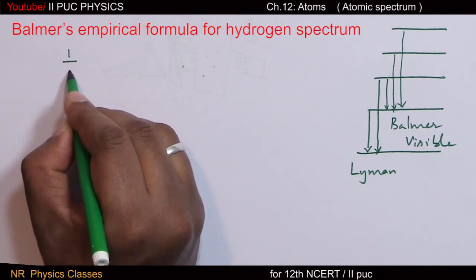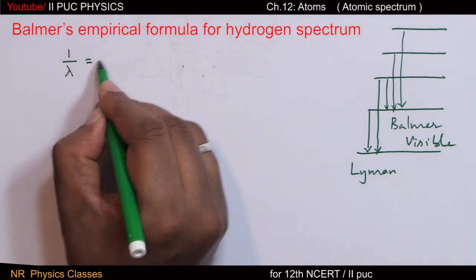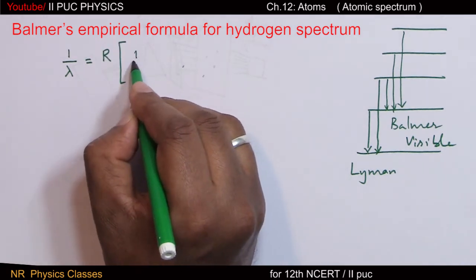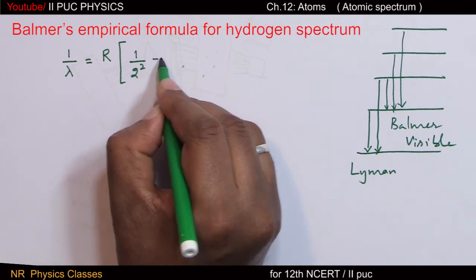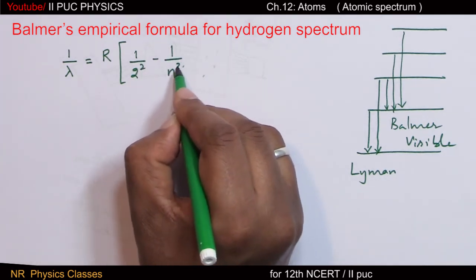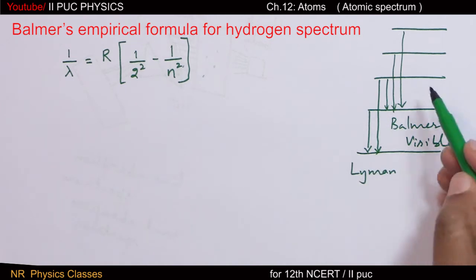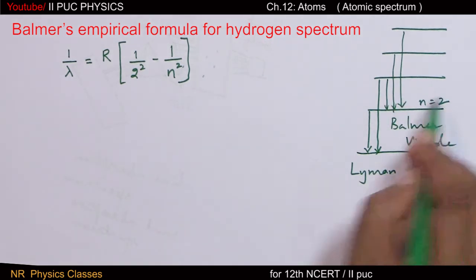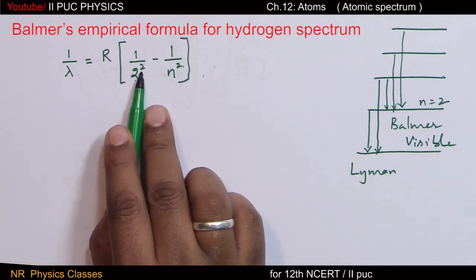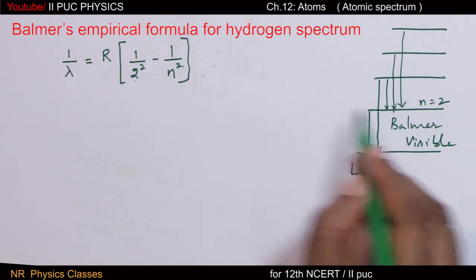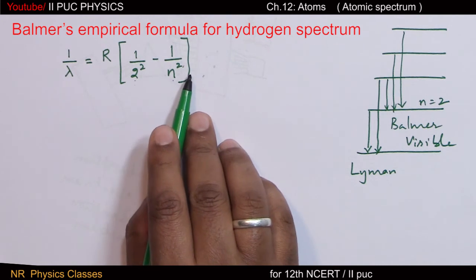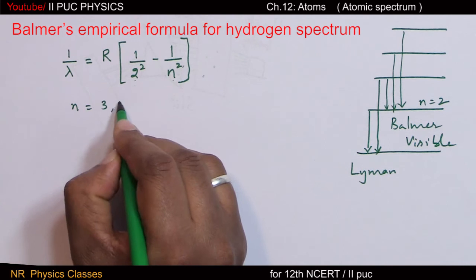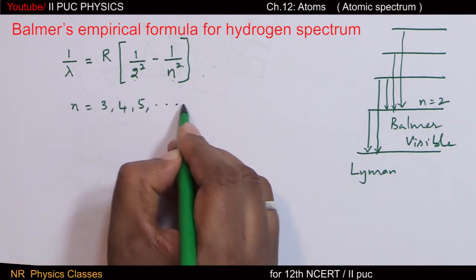Wave number, that is 1 by lambda, is given by R into 1 by 2 square minus 1 by n square, because transitions are from higher energy states to n equal to 2. That is why 2 square. This is n. This can be 3, 4, 5, etc. Let me write. So n equal to 3, 4, 5, etc.